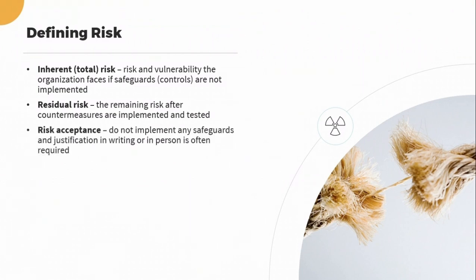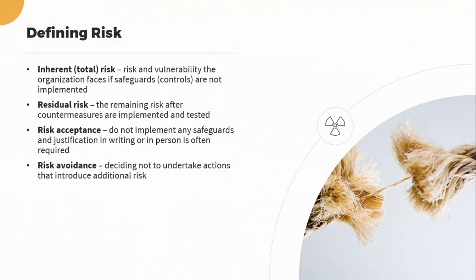And then we have 4 ways to handle or treat risk. You can accept risk, where you don't implement any safeguards. This often involves justification in writing or in person, maybe to a steering committee or the decision makers in the C-suite of the C team. There's risk avoidance. This is deciding not to undertake the actions that introduce additional risk.